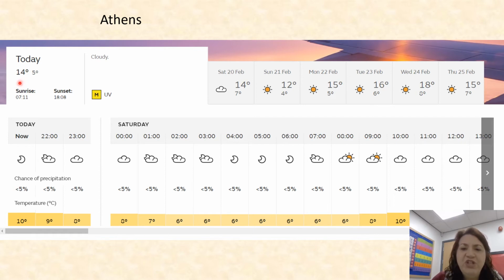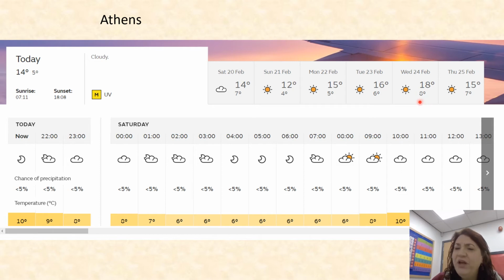So 14 was the highest temperature that was suspected last Friday, with a lowest temperature of 5. Okay, so the temperature was between 14 and 5. However, up on Wednesday, it actually went up to 18 degrees, and the lowest was 8.